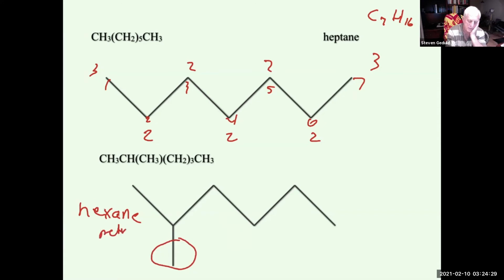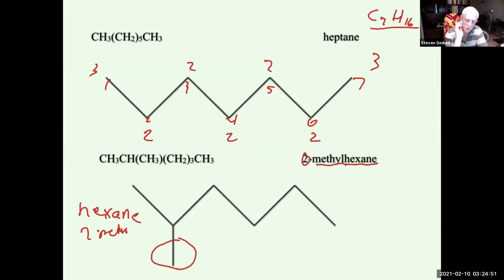Perfect. That's a methyl group, and it's in the number 2 position. So the name is 2-methylhexane. It tells you there are 6 carbons in a line, all single bonds, and at the number 2 carbon there's a methyl group. It has the same molecular formula, C7H16. So that's 2 out of the 9.